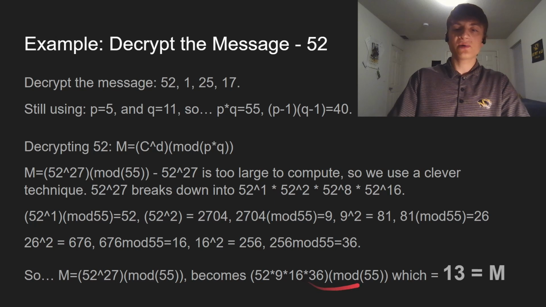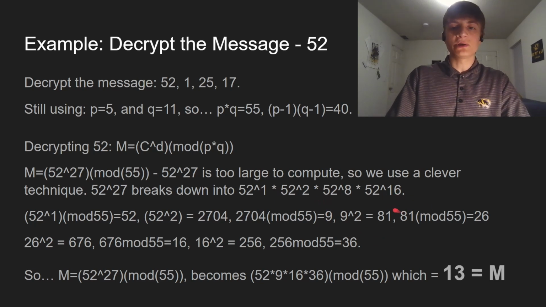Now, what you'll notice is this 81 that we had is missing. That's because whenever we break it down into binary, we have 1, 2, 8, and 16, which means we're missing this 4 in the middle. You might think we need to add that in, but adding in the 4 would bump our number up to 31 rather than 32.